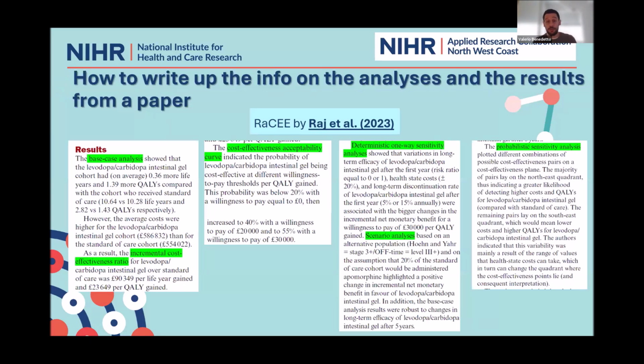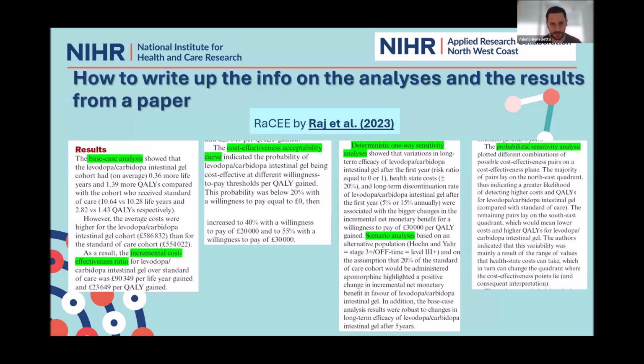So just to conclude today's session, this is an example of how we capture the results from the paper on advanced Parkinson's disease into our RaCEE, how we extract this info, and also how we wrote things up.